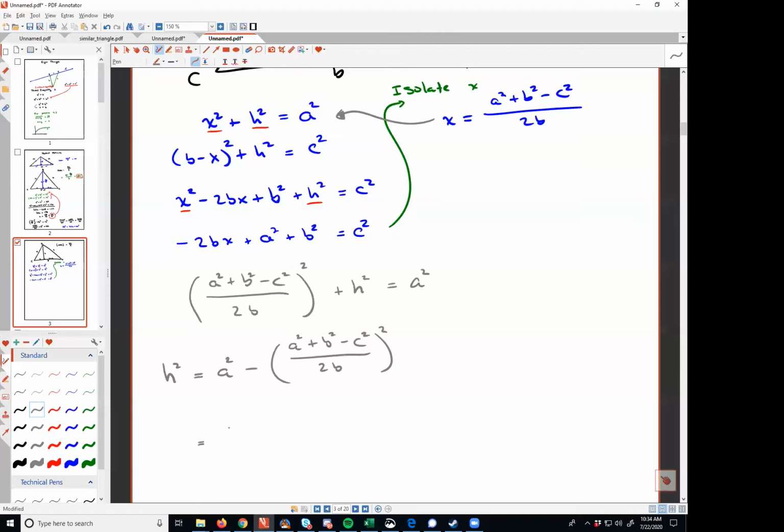We can rewrite this as a plus a squared plus b squared minus c squared over 2b, and a minus a squared plus b squared minus c squared all over 2b.